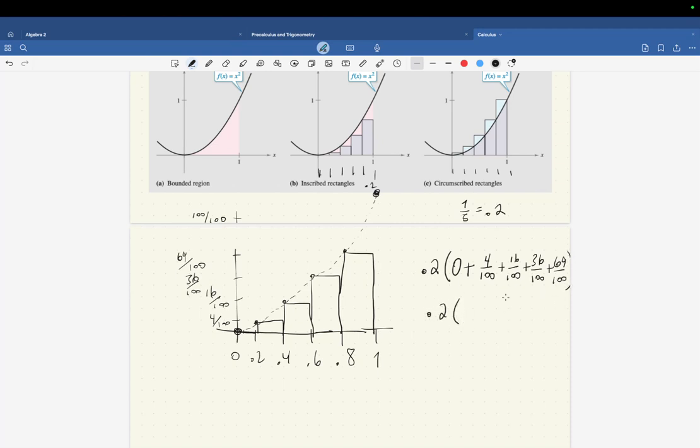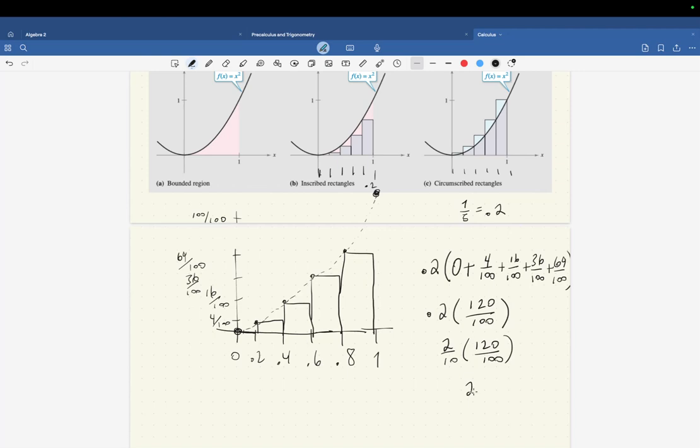0.2 times all of this, I've got 20, that's 56. 56 plus 64. 56 plus 4 is 60, and 60, so 120 over 100. Okay. And then we times by 2 over 10. 120 over 100. Okay.